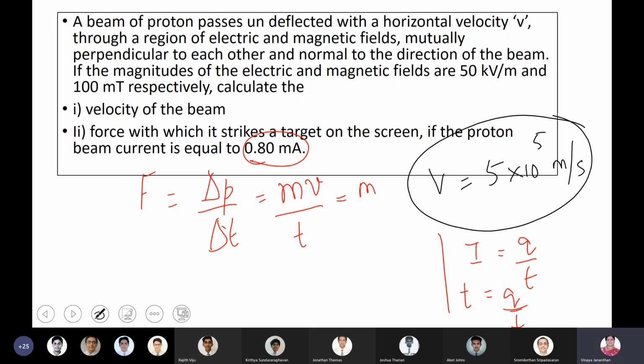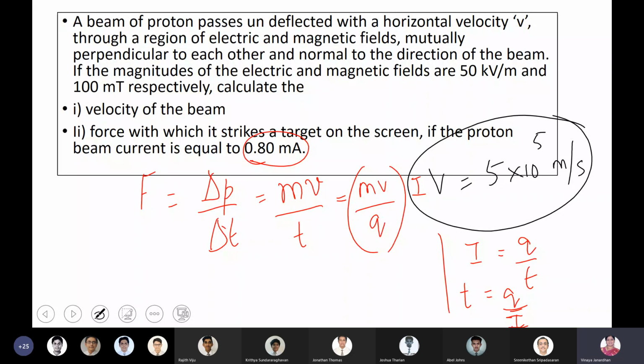Are you clear what I am stating? Momentum is m into v. Time is q by I. What is the charge of a proton, boys? 1.6 into 10 to the power of, okay.